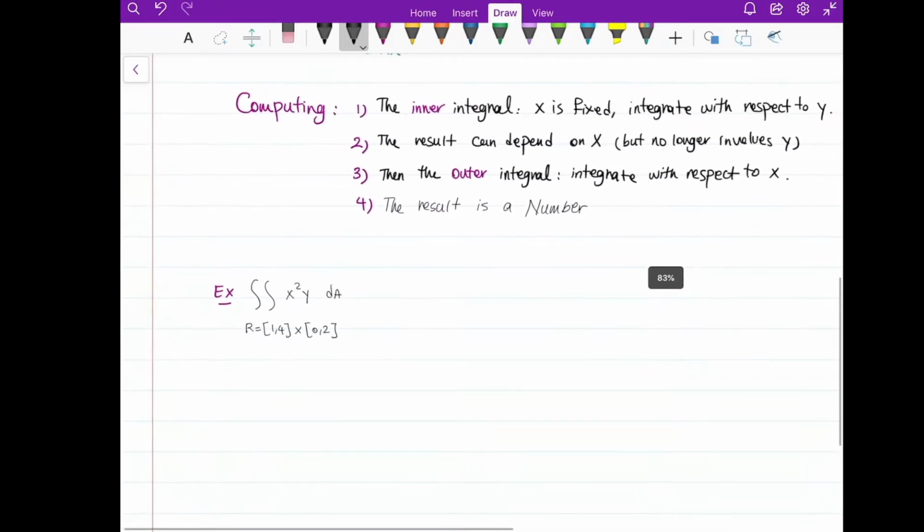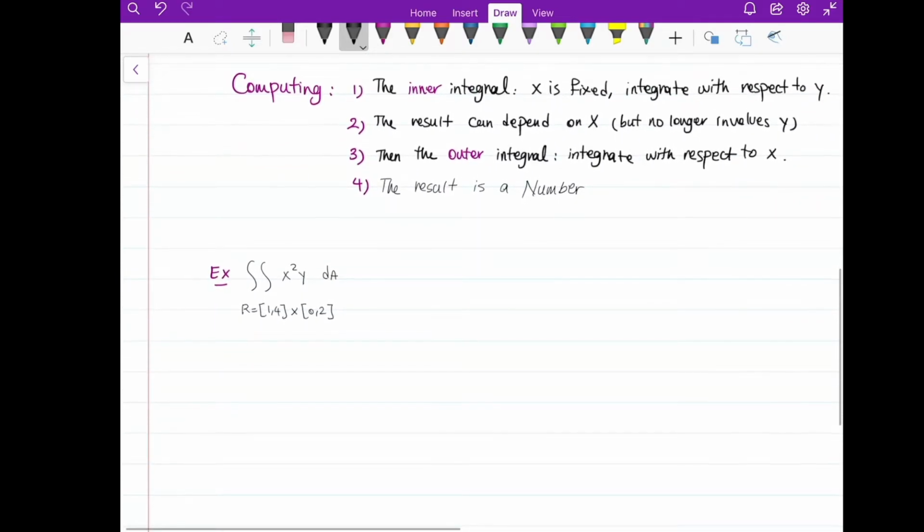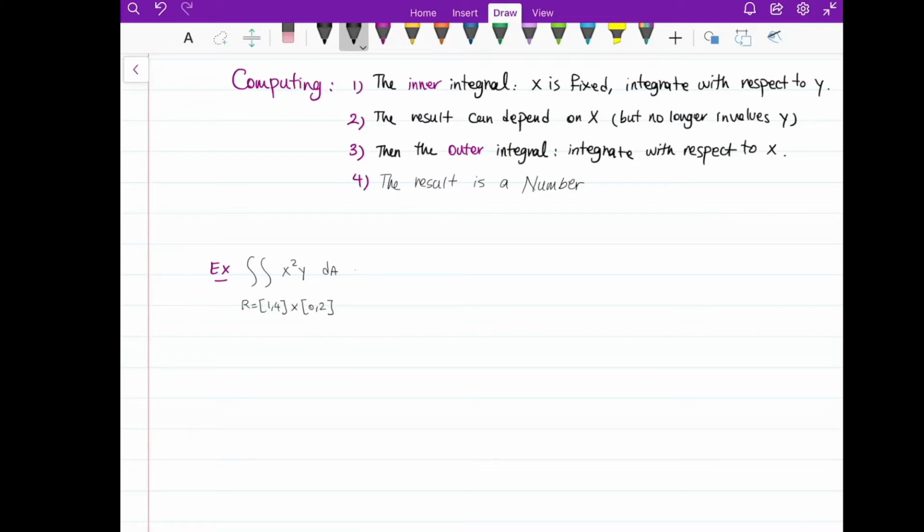Okay, let me make it a little smaller so that we see all the steps. First I want to write the bounds. I'm going to write the double integral, I have my function which is x squared y, and for dA I'm going to write the inner integral as dy.